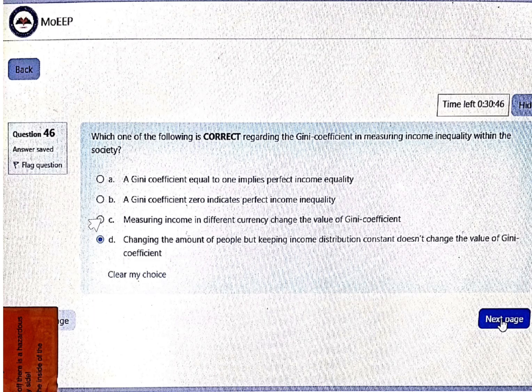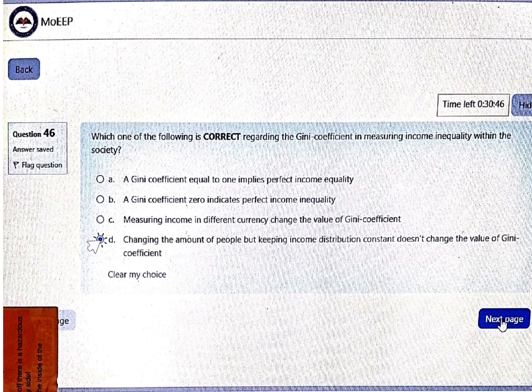C. Measuring income in different currencies changes the value of Gini coefficient. D. Changing the number of people but keeping income distribution constant doesn't change the value of Gini coefficient. The correct answer is D.